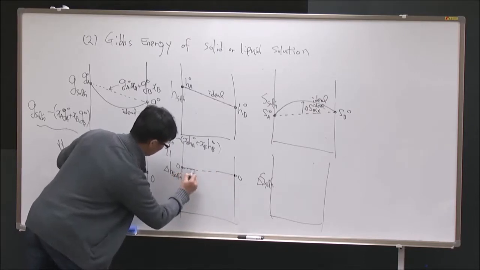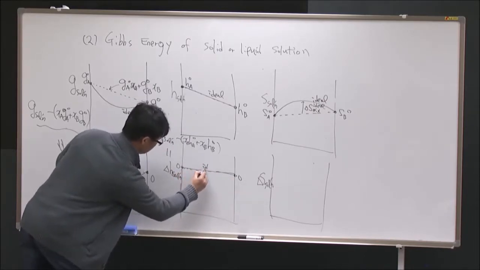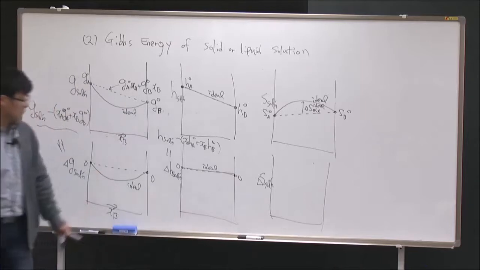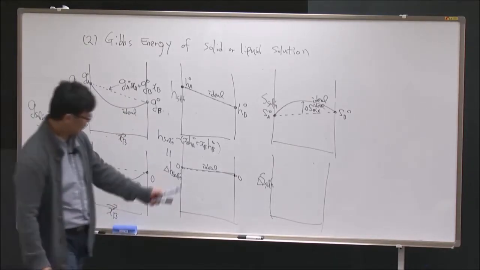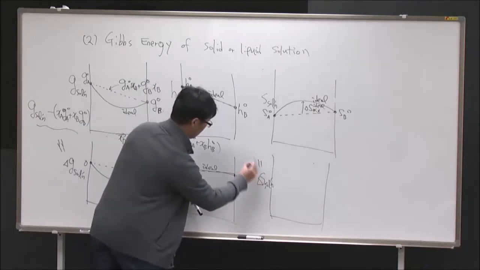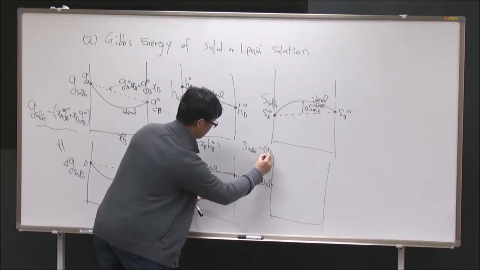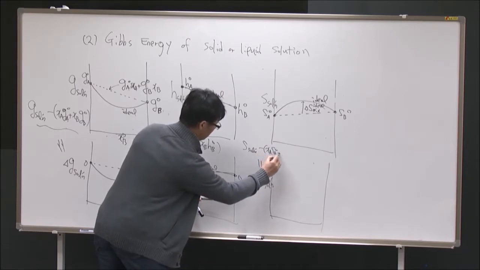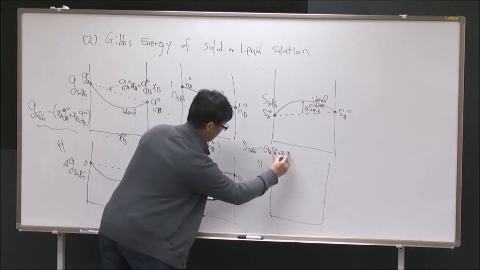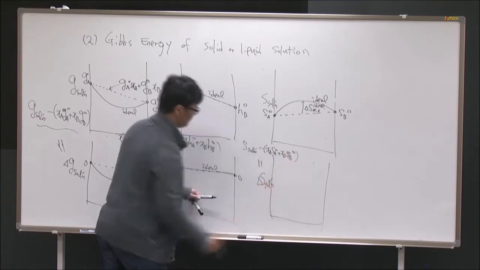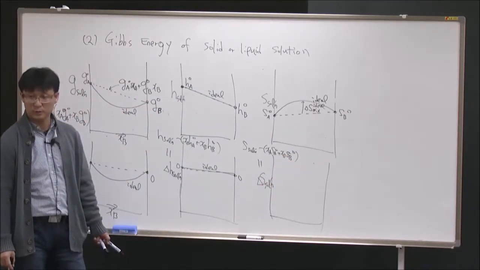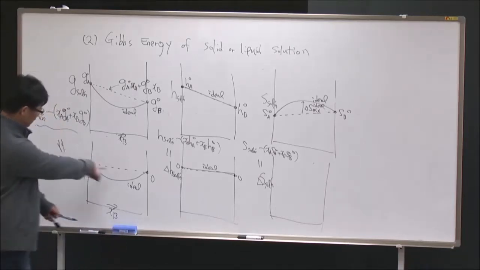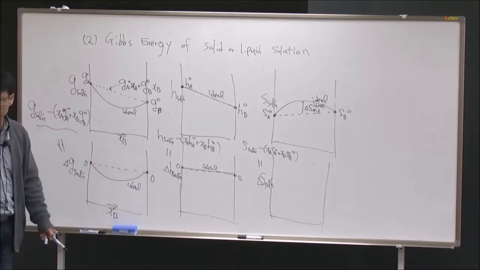Mechanical mixing or ideal mixing, same, it's all 0. And delta S of solution is the same: S of solution minus XA SA pure plus XB SB pure. That's delta S of mixing, delta S of solution. We are using the same expression for Gibbs energy, enthalpy, and entropy.